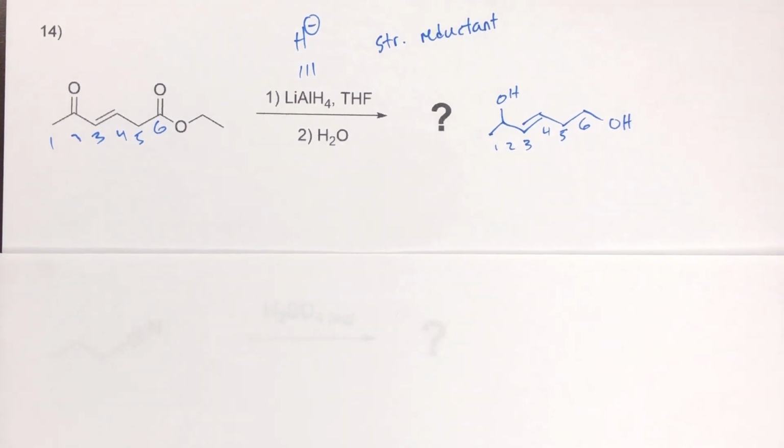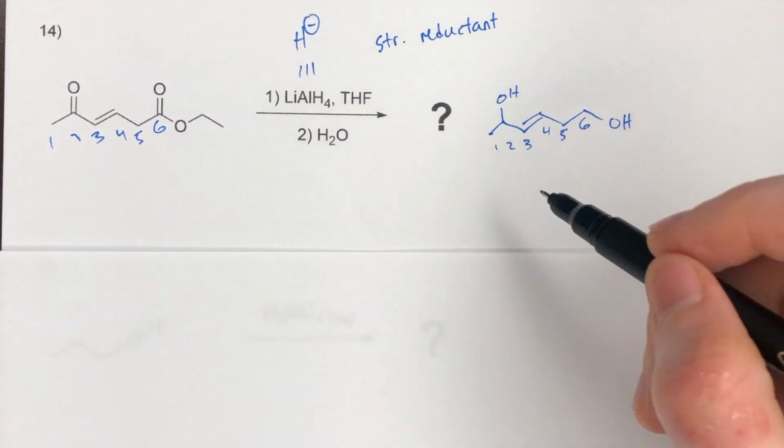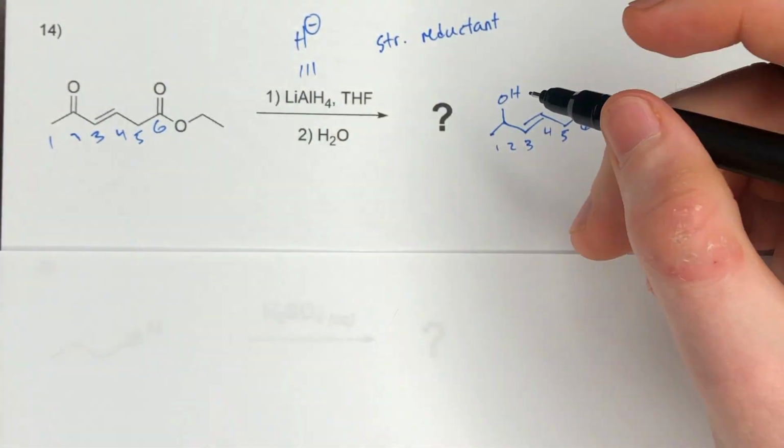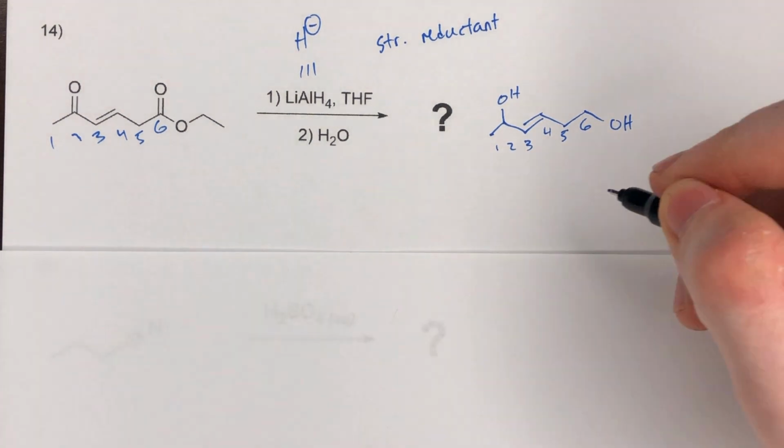Now, if you thought about this mechanistically, you're going to end up with an oxygen negative charge after the hydride functions as a nucleophile at both of the carbonyl sites. So the water in step 2 is just protonating, and that's why you get this final molecule as the product. But now keep in mind, these are planar sites that the nucleophile can attack.